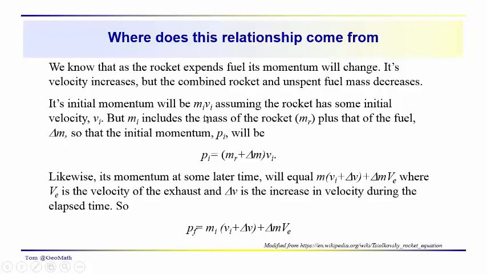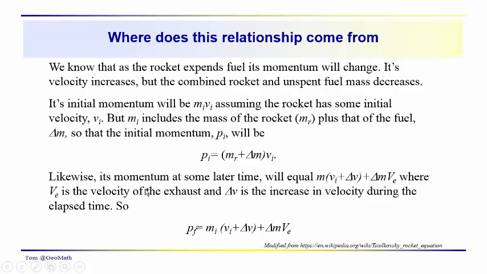So its initial momentum will be m sub i times v sub i, assuming that the rocket has some initial velocity v sub i. It could be 0. And the initial mass includes the rocket mass and the mass of the fuel. So the initial momentum would be m sub r plus delta m times the initial velocity.